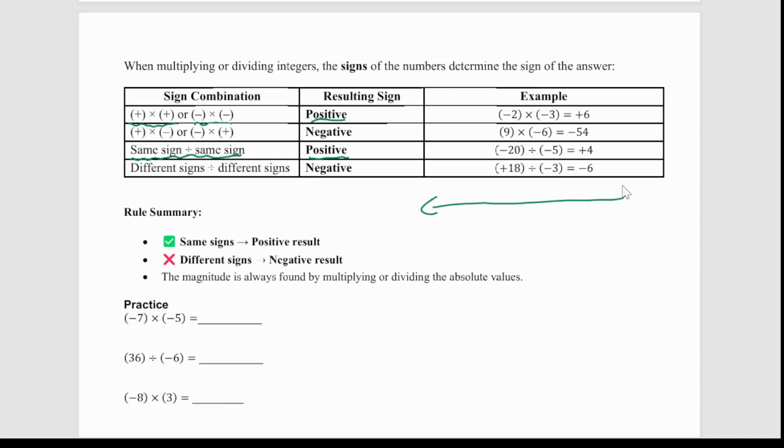And if you want an explanation of why that is, if I had something like negative 2 times negative 3, what that is really saying is I'm going to be doing negative 2 added to itself negative 3 times.